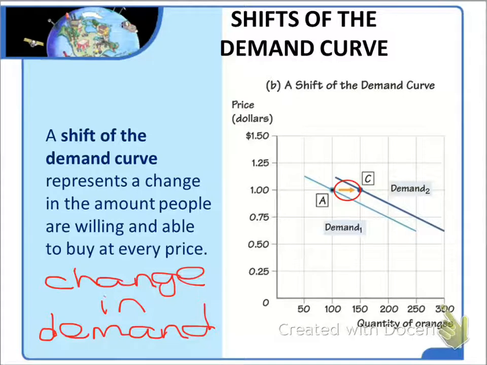For example, in this panel, the change in taste in favor of oranges caused an increase in demand, shown as a shift from demand curve 1 to demand curve 2, an entirely new demand curve.